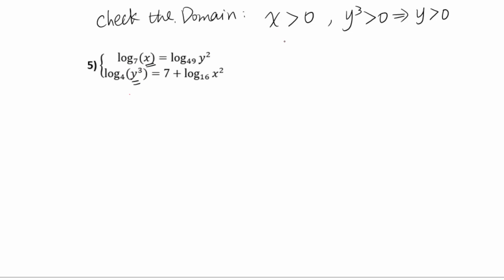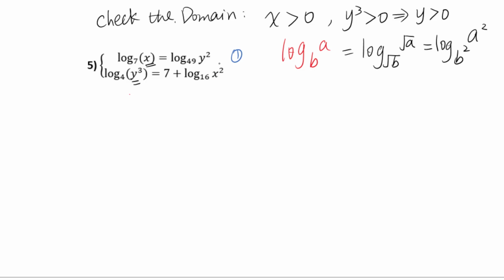And also we know this formula: log base b of a equals log base square root of b of square root of a, or equals log base b squared of a squared.